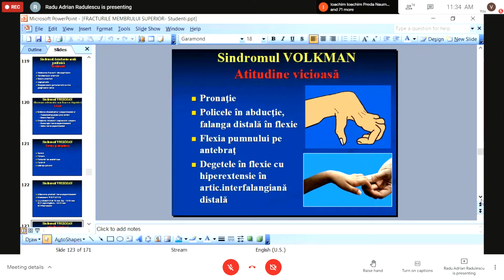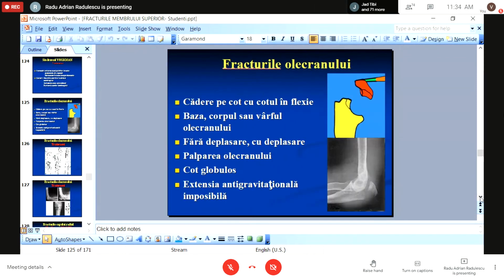So this Volkmann syndrome, like I said, is a very feared complication and must be very carefully looked after.